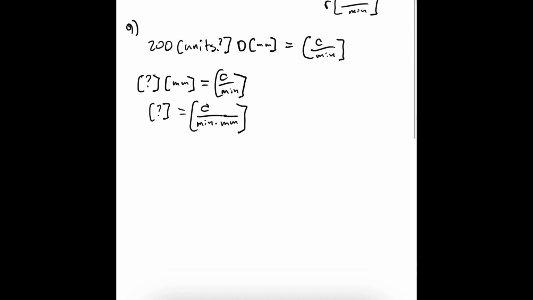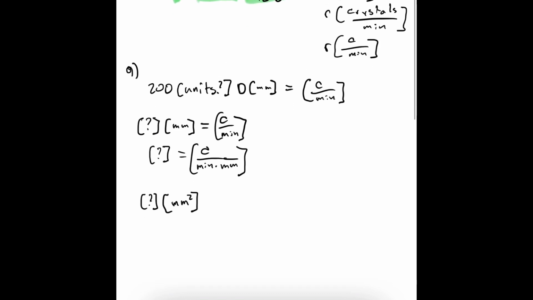Now we do the same thing for what are the units of 10. So units of 10, we don't know what those are, but we do know that d squared will have units of millimeters squared. Again, we're looking at this unit, and we know that that unit has to equal c per minute.